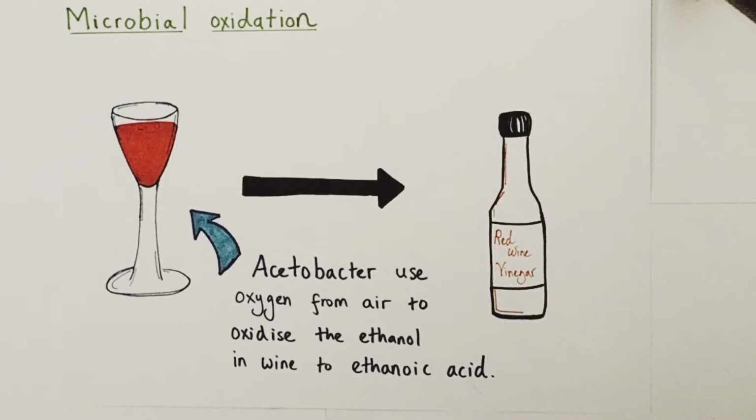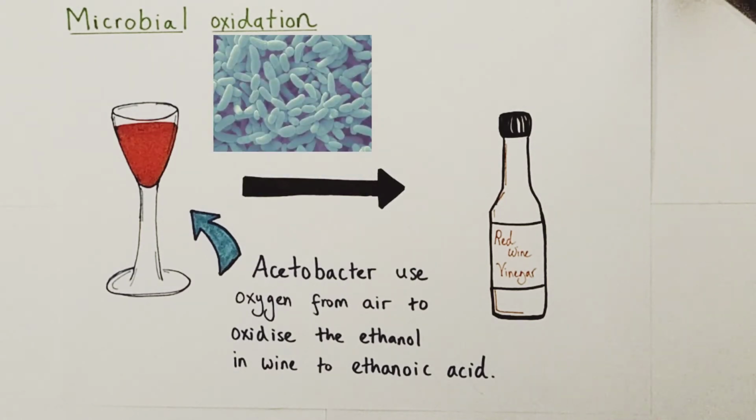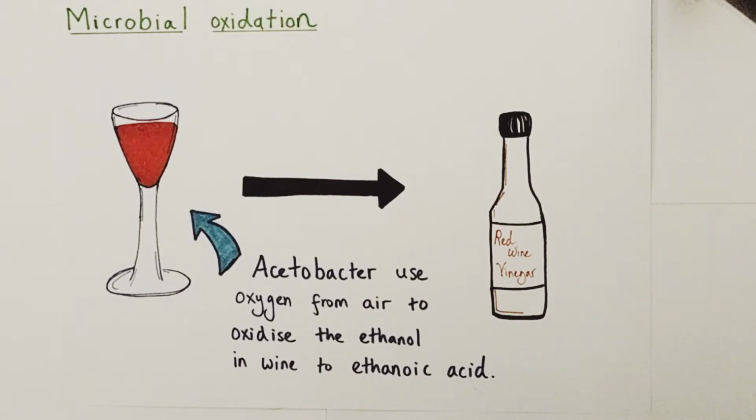This second example is a method for producing carboxylic acids, but it's not particularly controllable. If you were to leave, say, a glass of wine or a bottle of wine open to the air, or any alcoholic beverage for that matter, bacterium in the air itself, called acetobacter, will actually use oxygen from the air to oxidize the alcohol content, the ethanol in the wine, into vinegar, into ethanoic acid, a carboxylic acid molecule.